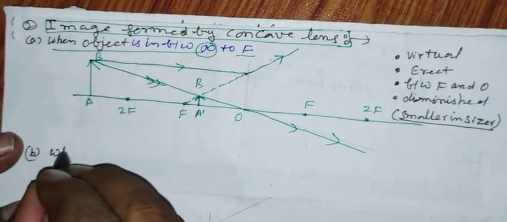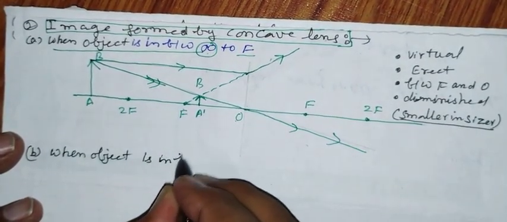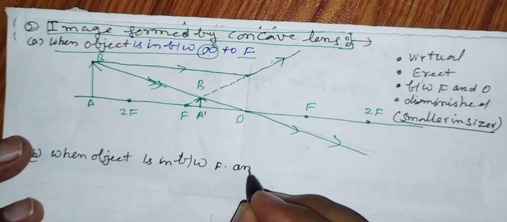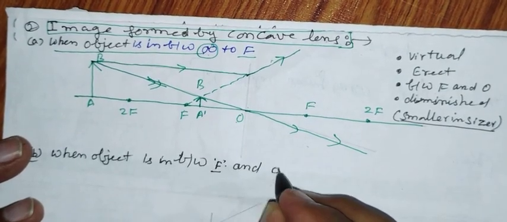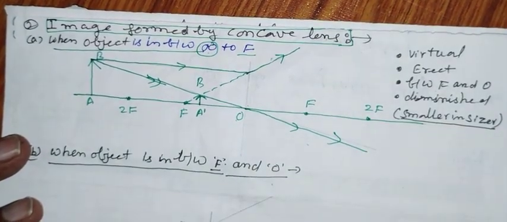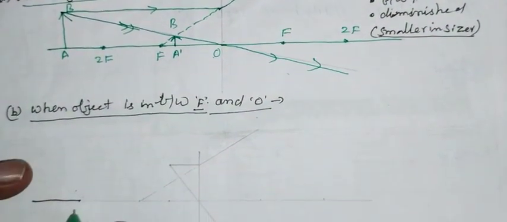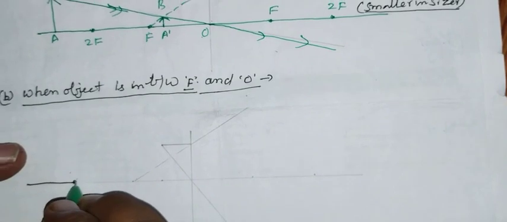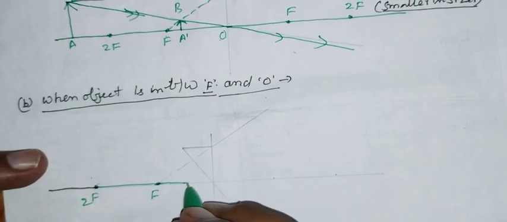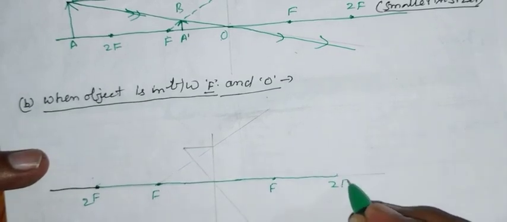And here in the second case, we take when the object is in between the focal point F and the optical center O. See very carefully. This is point F, this is 2F, F, F, 2F.